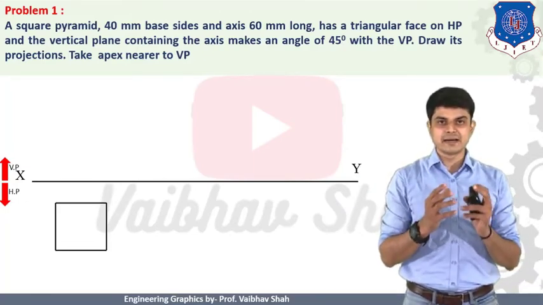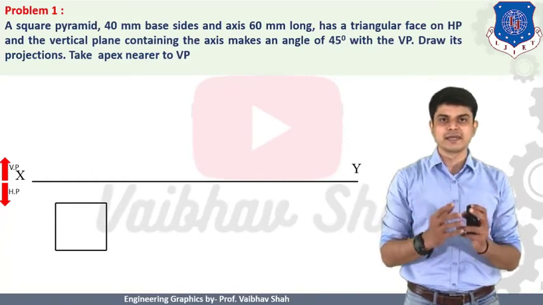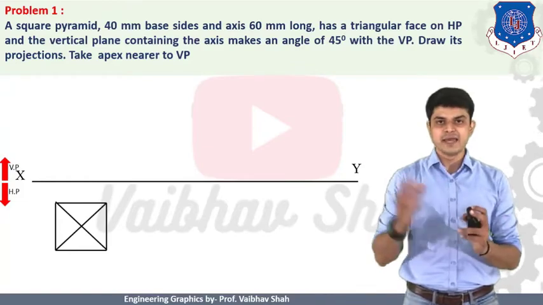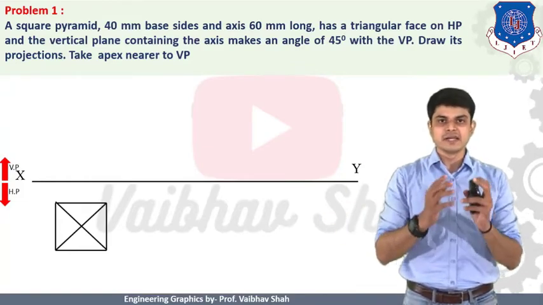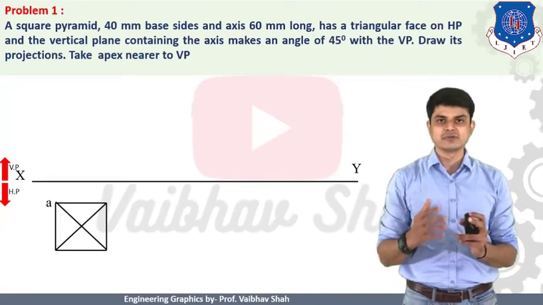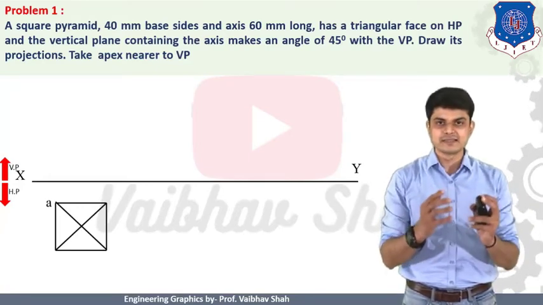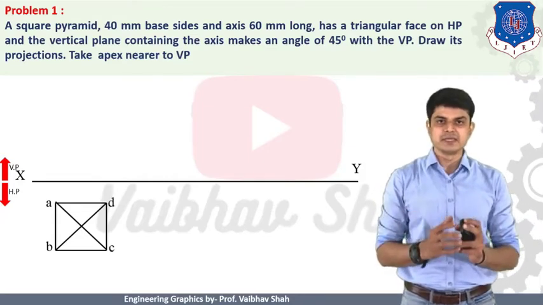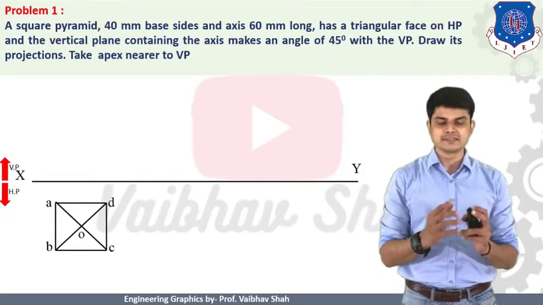Now we know that a pyramid has an apex, so we connect the two diagonals by straight lines and we get one center point, which will be the apex in the top view. Then let us label the corners A, B, C and D, and the center point is denoted by O.